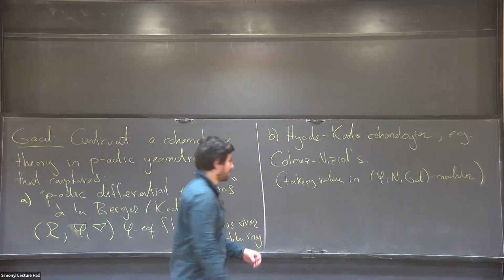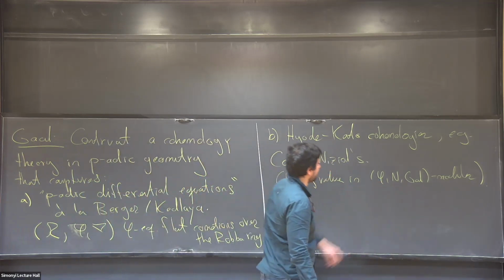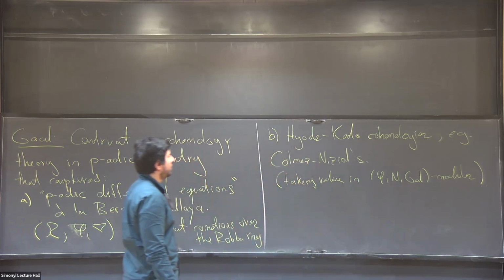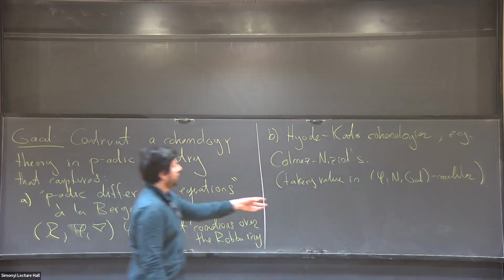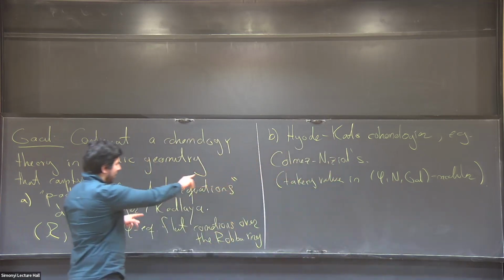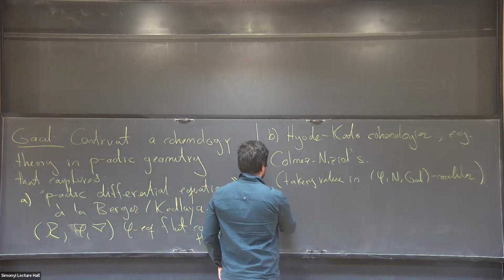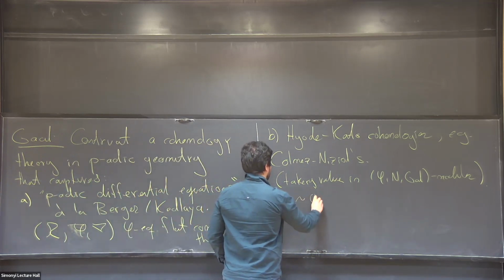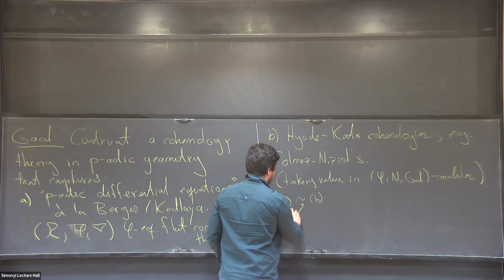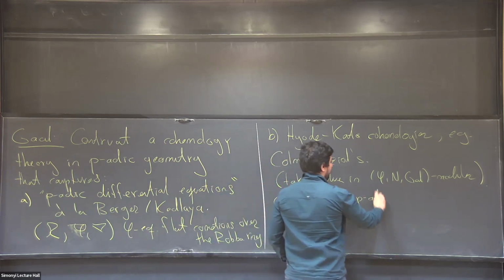So this crystalline cohomology may give you some Frobenius and Galois, and this one is going to give you this nilpotent operator here. So something that refines crystalline cohomology. And these two are related via, again, the p-adic monodromy theorem.